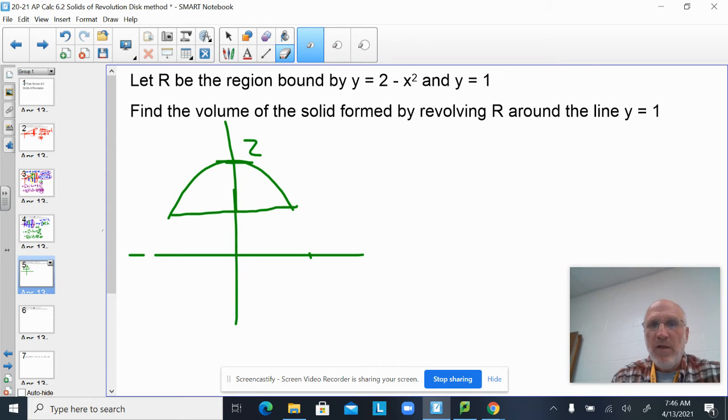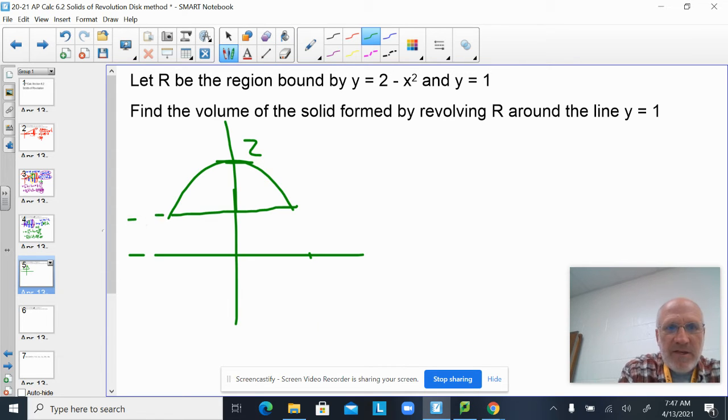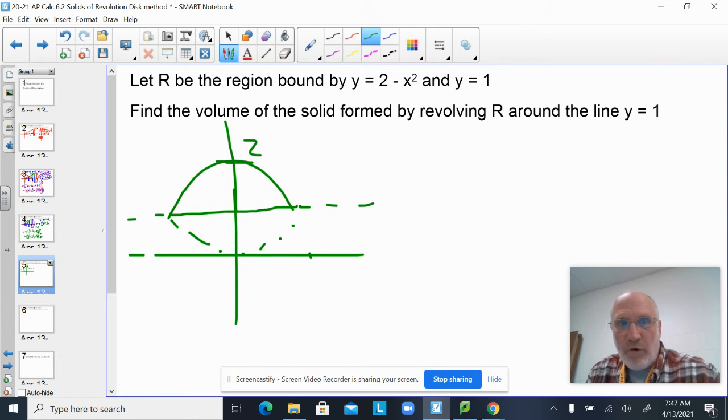So there's the region bound by that parabola, 2 minus x squared, and y equals 1. And you'll notice I am revolving this around the line y equals 1. This dotted line here is my axis of revolution. I'm revolving that region around that line. So it would look like this. Almost looks like a football, for lack of a better name.